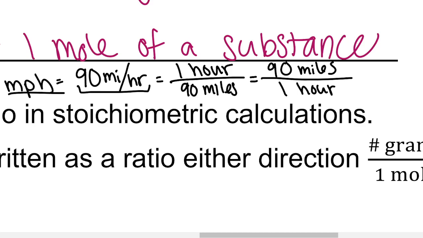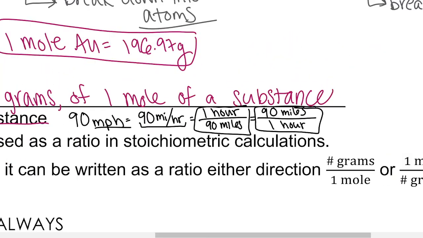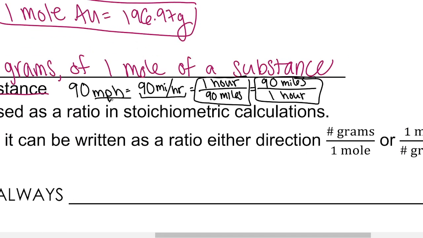So you see, you can write it, and it gives you the same information either way. It just depends on how you ask the question or what the given information is. But all of that comes from the same thing, 90 miles per hour.